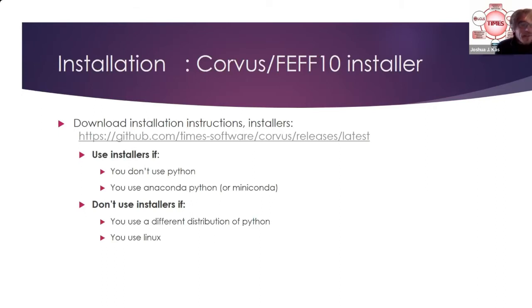But if you use Python on your own for various projects, I don't suggest you do this. It might mess up your Python environment. So you should instead download the installation instructions and install it as they specify. There is a little bit of warning that I don't know that it will work right away, because some things require extra downloads of various tools.